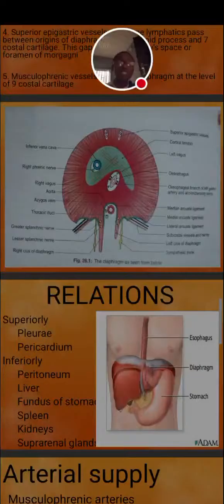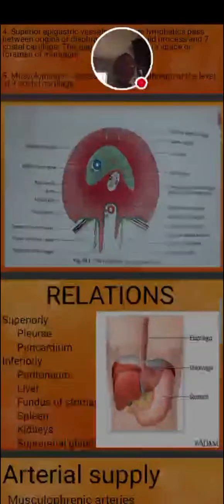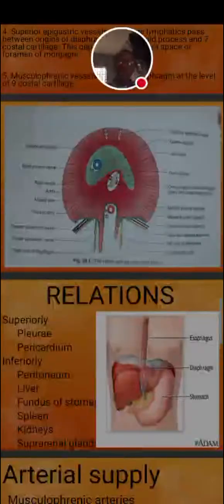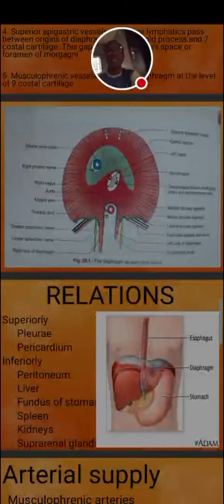The sternal origin is just from the posterior surface of the xiphoid process. The xiphoid process is the triangular end of the sternum. The costal origin is the inner surface of the lower six ribs.